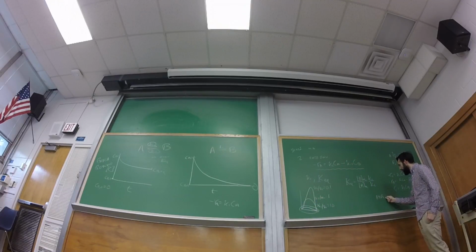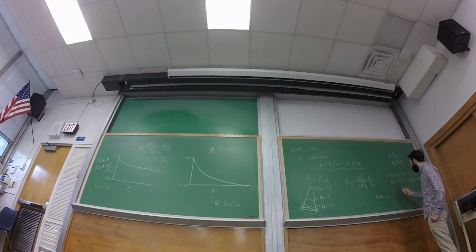And so then we can come back and we can write out this on B, which means that we can set this to 0.